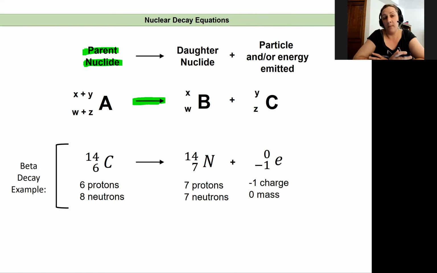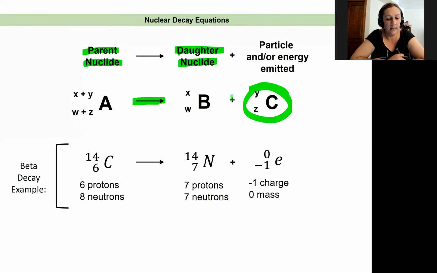And they always form a product, that's what we call a daughter nuclide. So it's what is the new isotope or element that forms after the nucleus undergoes a transformation. And when it undergoes that transformation, it also always releases either a particle or energy or both. And that will be captured here on the product side. So we always have a starting isotope that splits into two different things, at least: something that's a daughter nuclide, and then whatever small particle is being emitted as radiation.